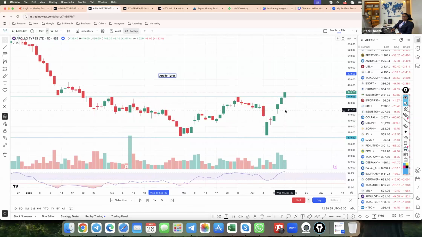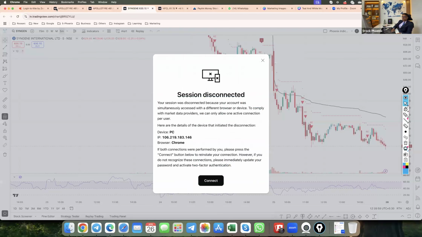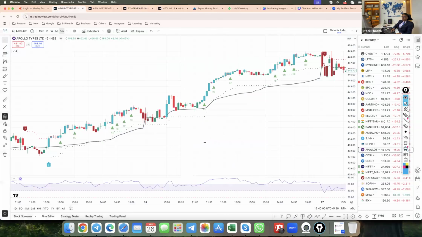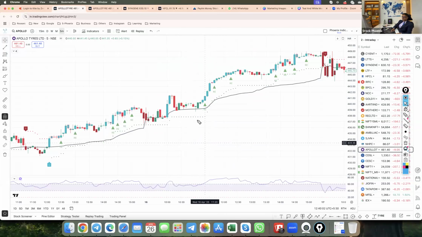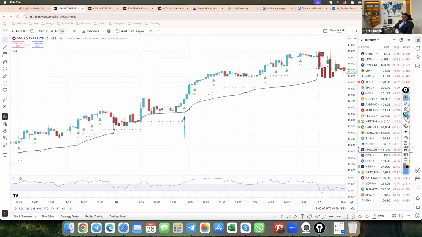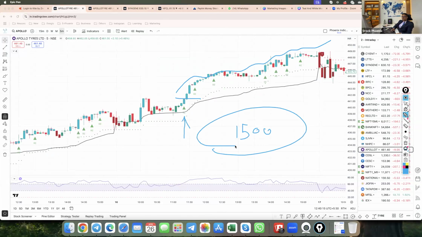When this is breaking, my entry will trigger. Then go to the Nifty SP indicator, 16th of April. Now analyze. We got a valid re-entry alert. Mark the high. The stock is going non-stop. All we need is 1,500 rupees.